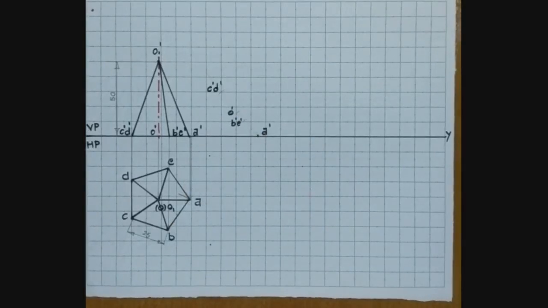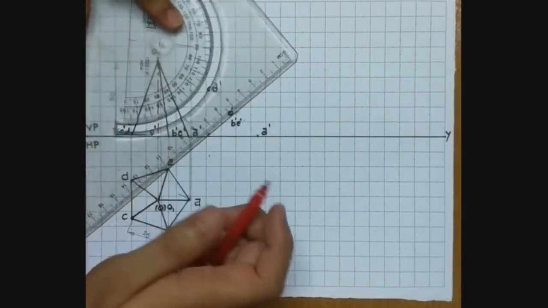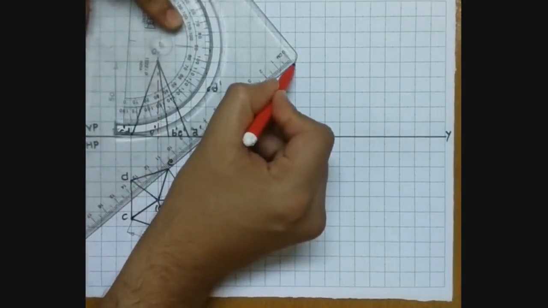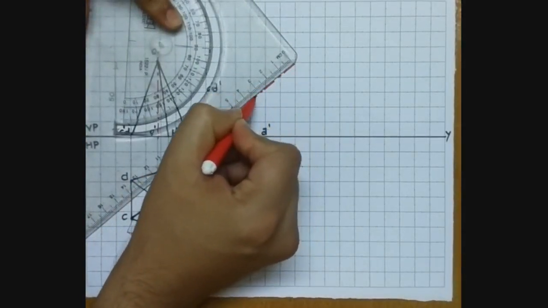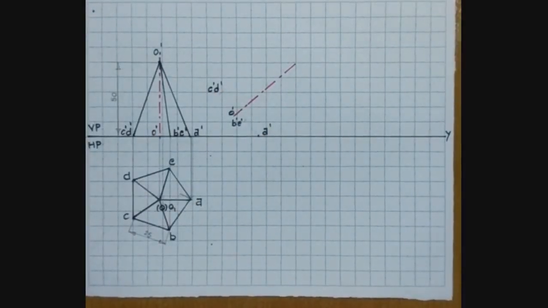Now I am going to draw the axis which will be perpendicular to the base. Axis height is 50 millimeter. So I am going to draw the axis here. So now axis will be making an angle of 40 degree. So yeah, 40 degree.